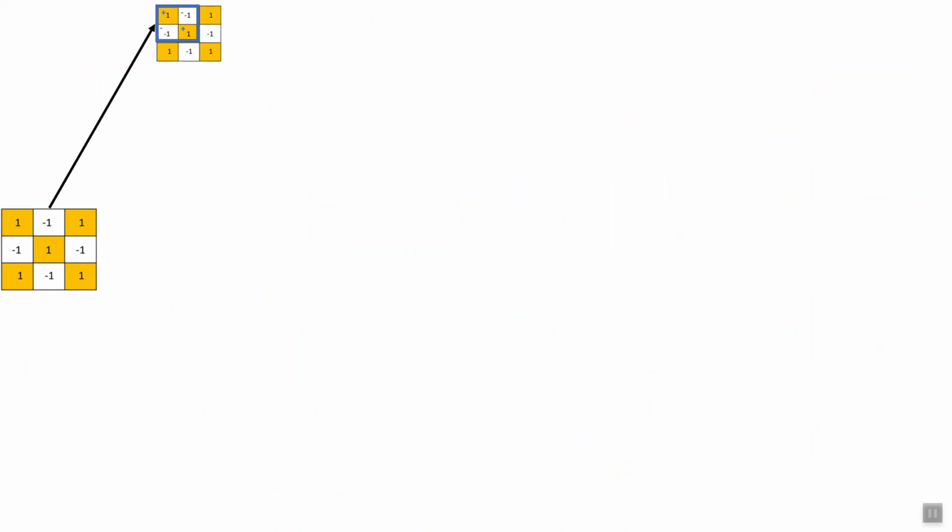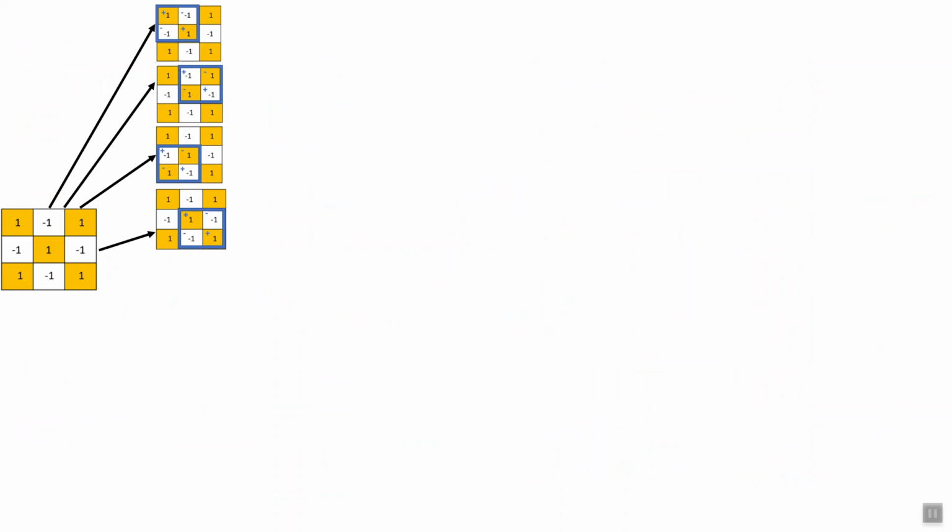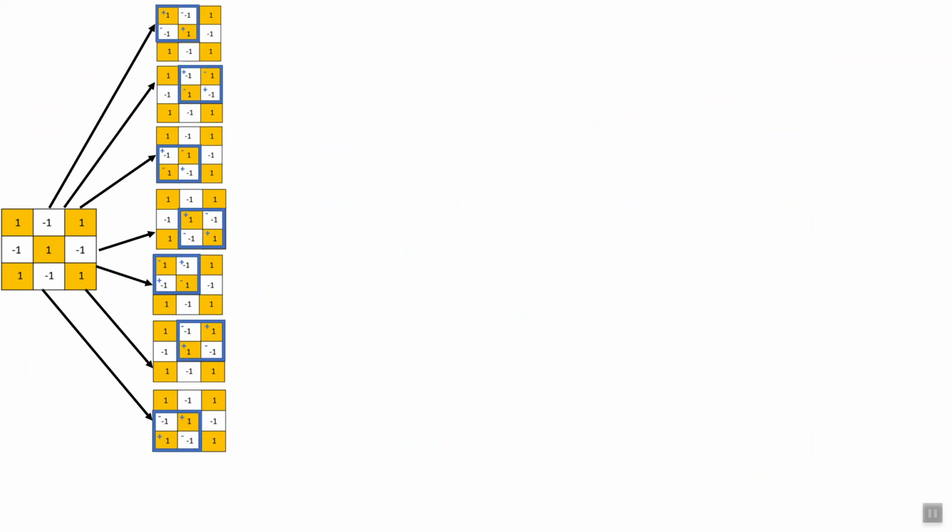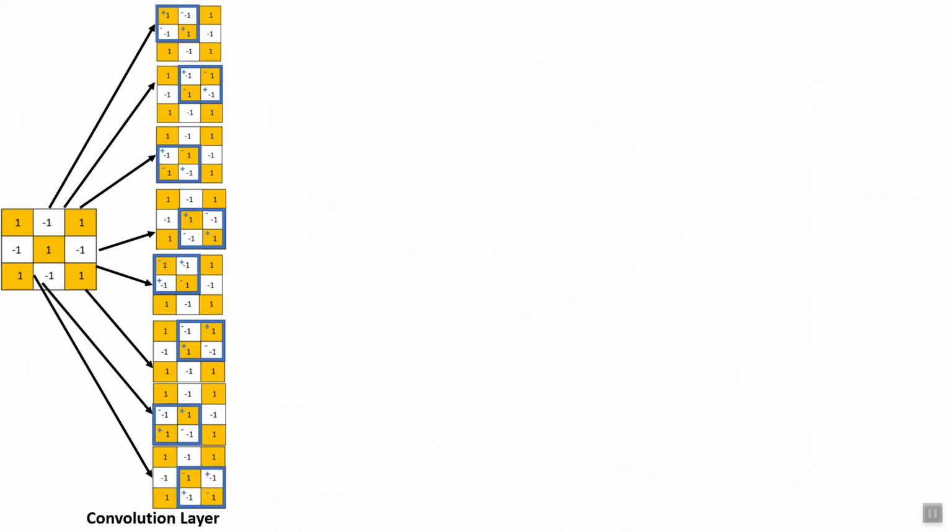So in total we applied 8 filters here. The top 4 are sliding the backward diagonal across the image. Okay, so these are the images used for the convolution. The bottom 4 are sliding the forward diagonal across the image, and this is the convolution layer.